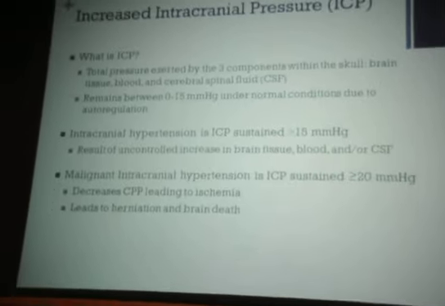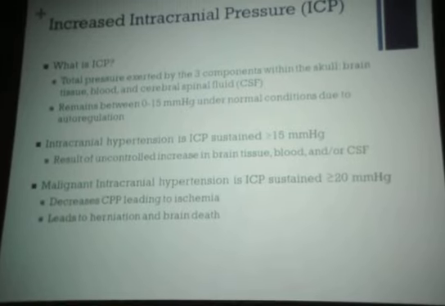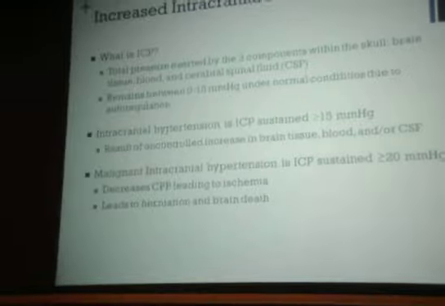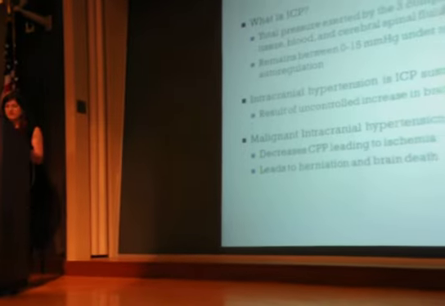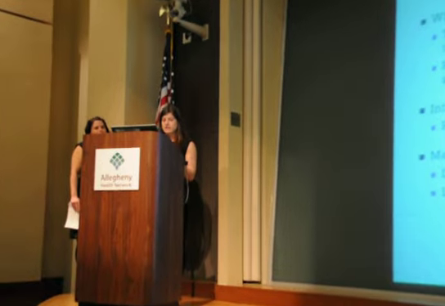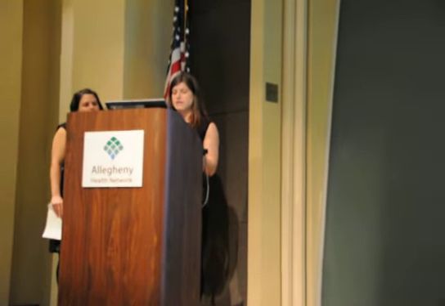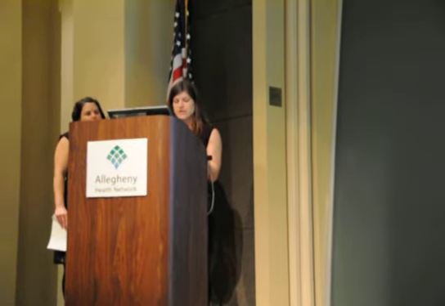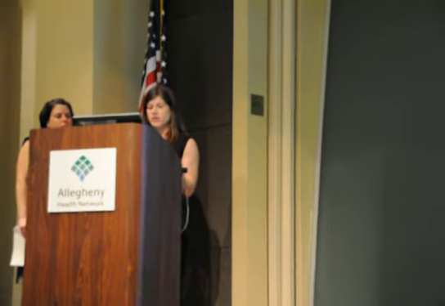Intracranial hypertension is ICP sustained above 15, and that's the result of uncontrolled increases in either the brain tissue, blood, and/or CSF. Malignant intracranial hypertension is ICP sustained above 20, and that's what we're most concerned about in the neuro-ICU, because that's associated with a decrease in CPP, ischemia, and it can lead to herniation and brain death.